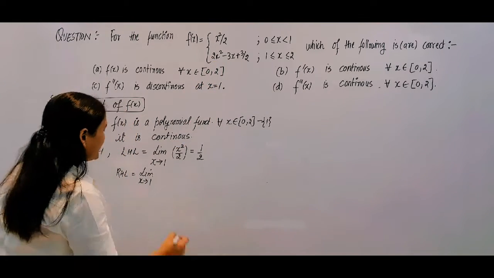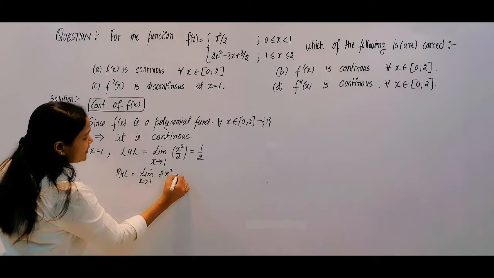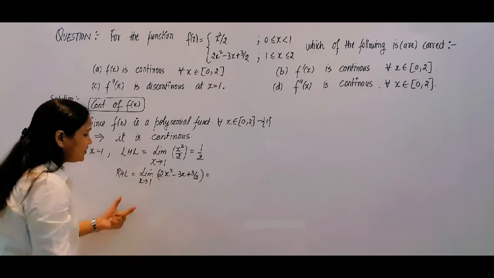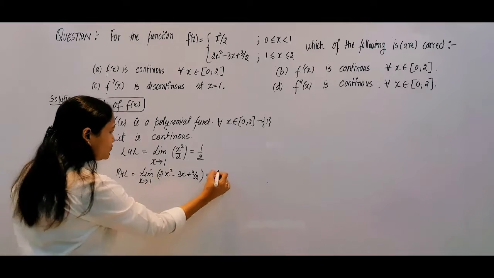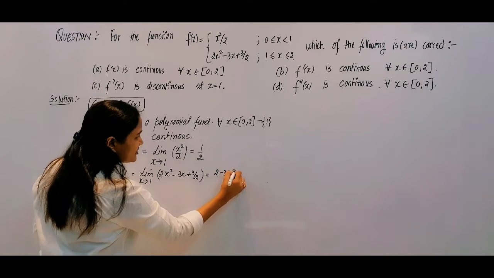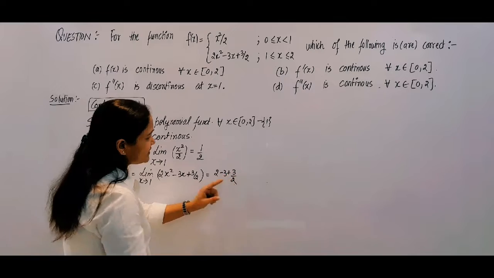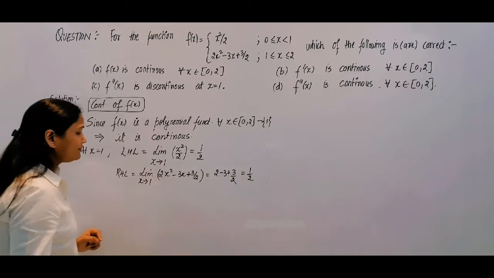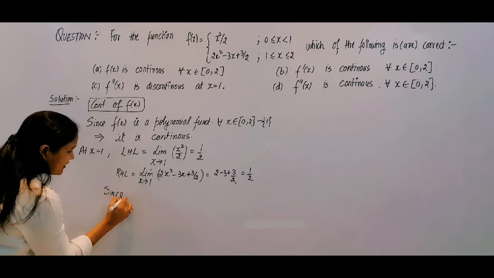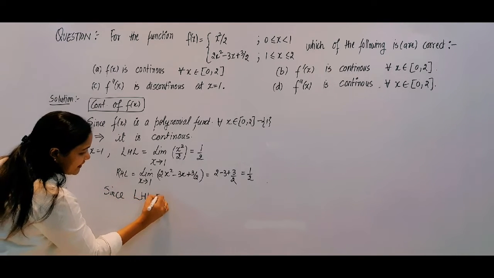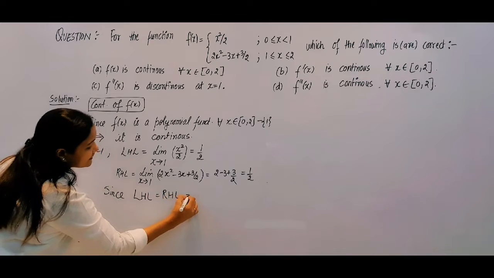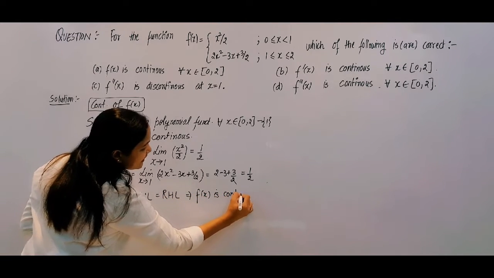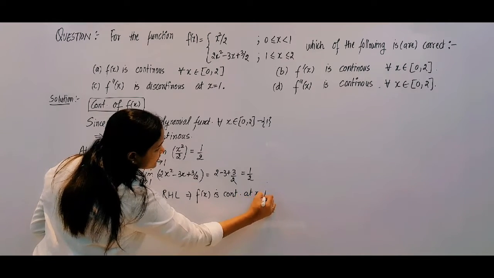This function, and this will be 2x square minus 3x plus 3 by 2, and this will also come to minus 1 plus 3 by 2, which will also give you half.